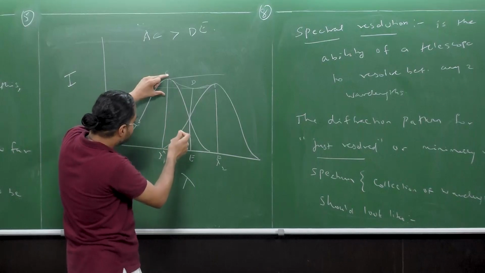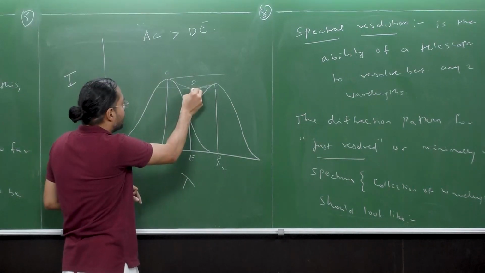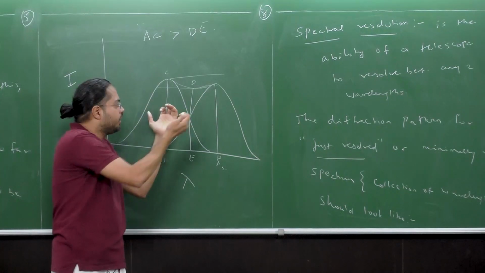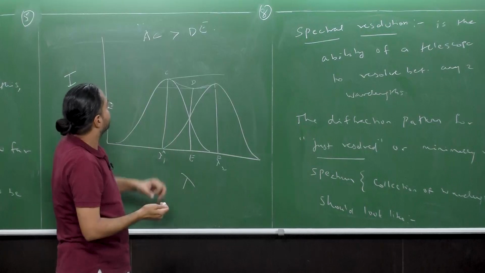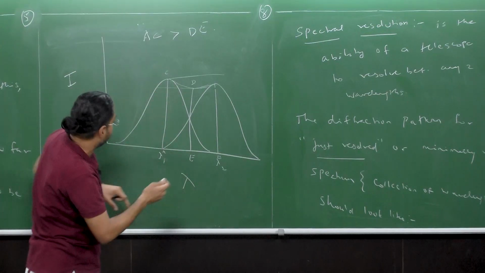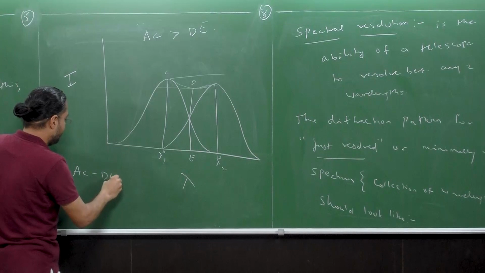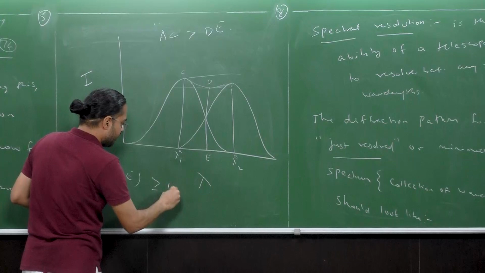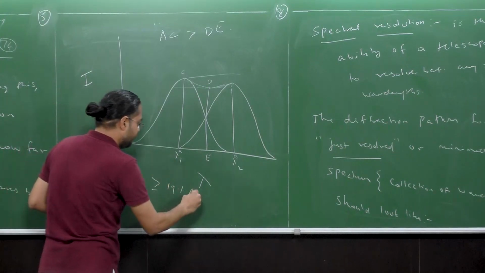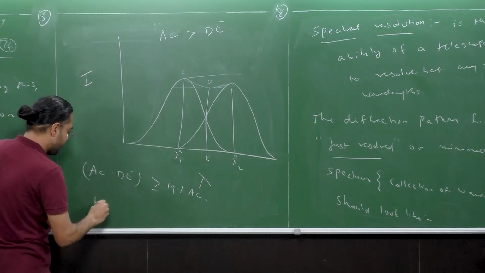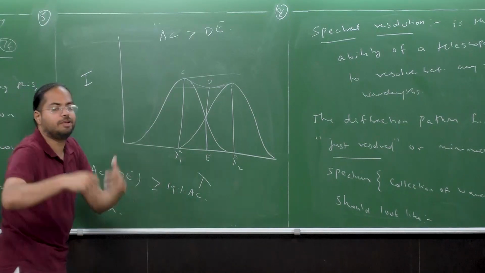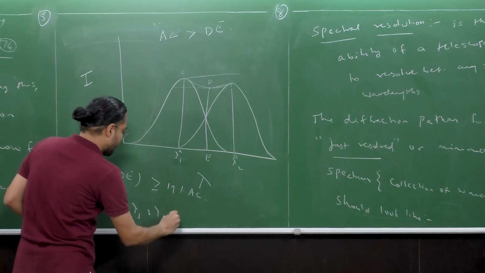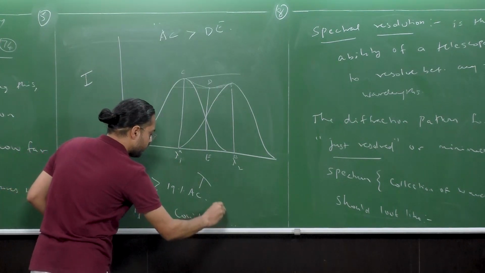So when the two curves come very close, if AC minus DE is at least 19% of AC, then the two peaks, lambda 1 and lambda 2, could be resolved.